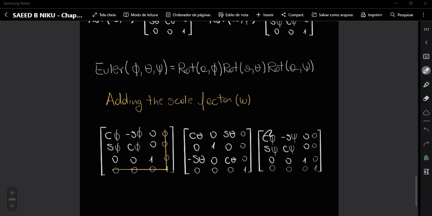And this way we were capable of finding the total matrix of the Euler angles.